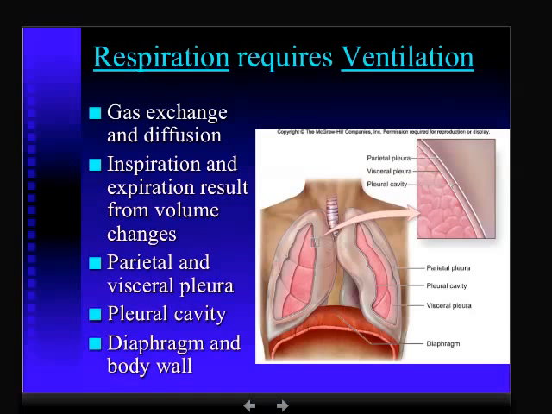All right, because any pressure change here is going to be reflected here. Okay? And all I'm going to do is this. For inflation, I want P alveolar to be less than P atmospheric. All right? And for deflation, just the opposite. P alveolar greater than P atmospheric.